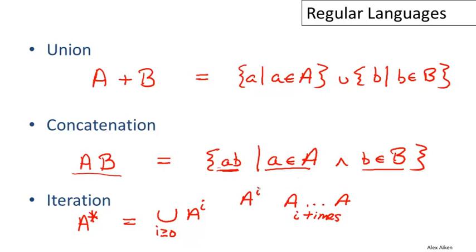And note that because I can be equal to 0, one of the possibilities here is A to the 0, so A concatenated with itself 0 times. And what is that? Well, that's the language Epsilon, the language containing the empty string. So the empty string is always an element of A star.